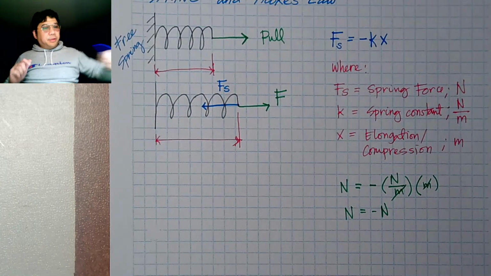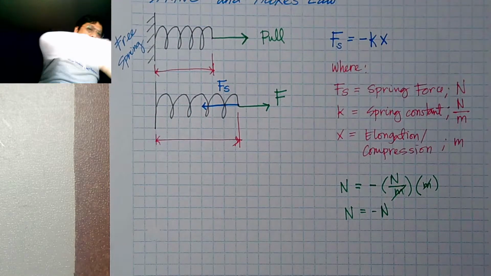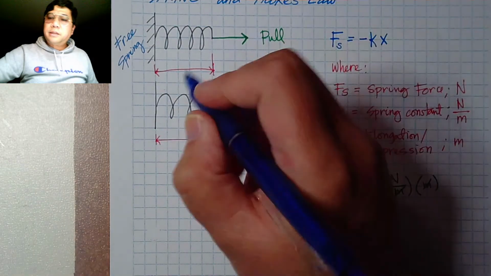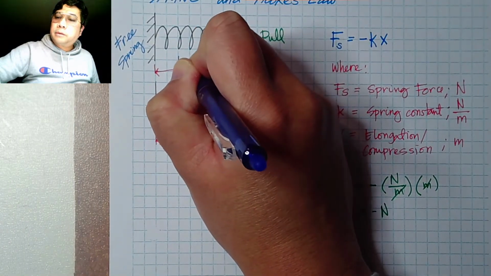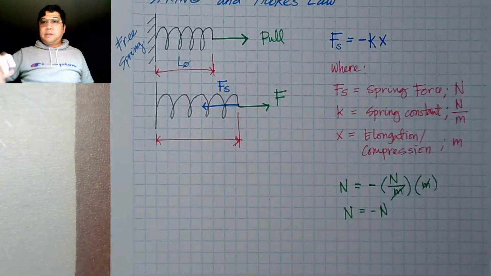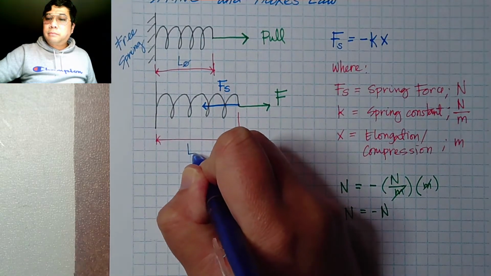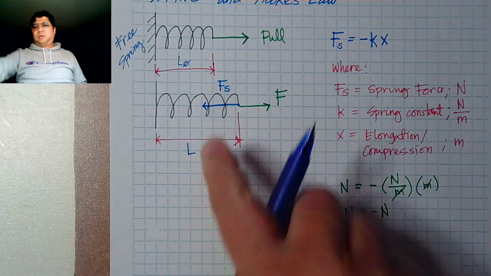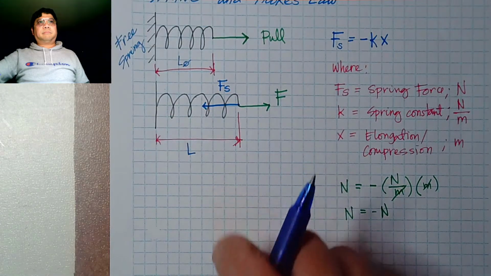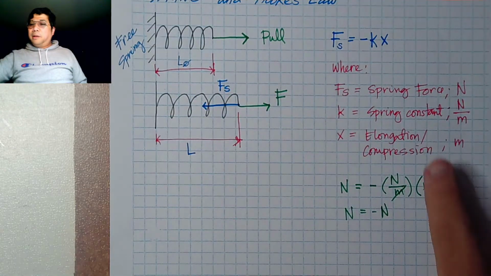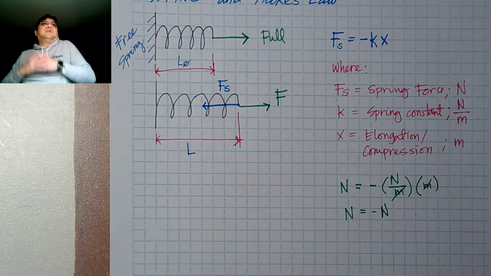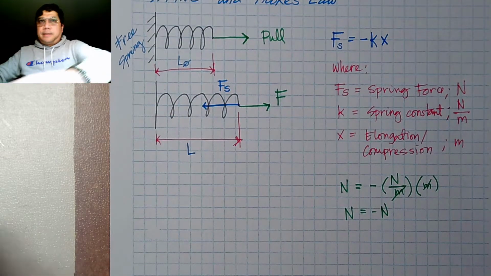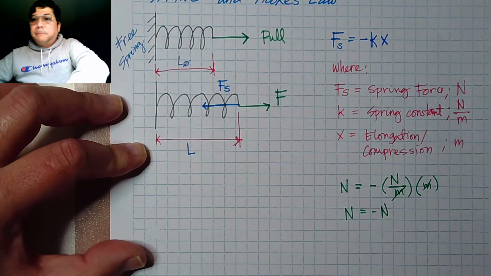Now, as I mentioned earlier, it will be positive. Let's say that this is our L sub naught, and this is our L. But we don't have L here in the equation. Instead, we only have x. So what do we mean by x? x is the elongation or compression.